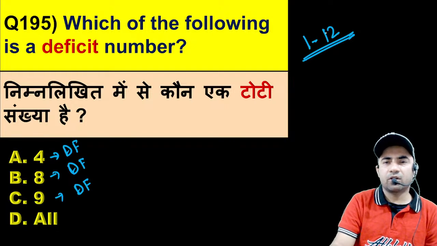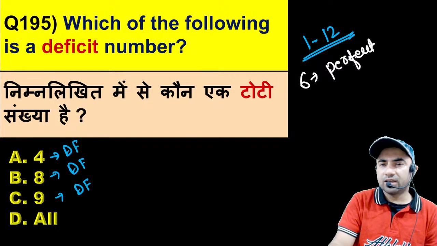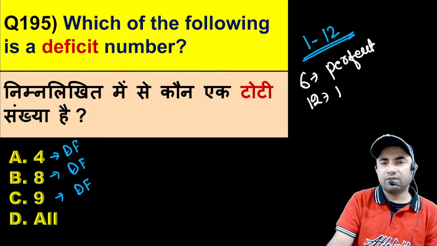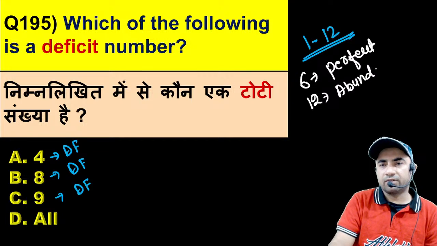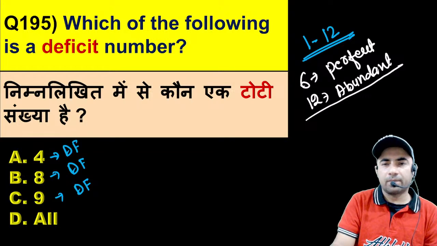So just remember, from 1 to 12, 6 is the smallest perfect number. 6 is the only perfect number, and 12 is the only abundant number.